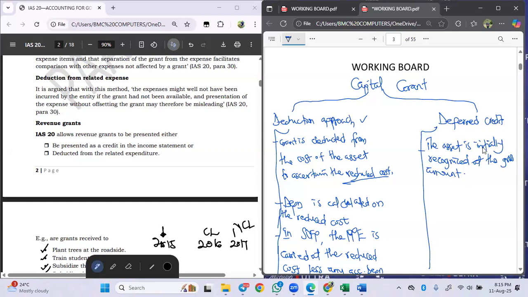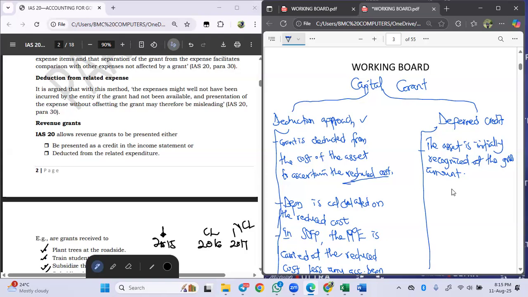So first of all, you recognize the asset at the gross amount here, 100,000. You charge your depreciation on the 100,000. You recognize the asset in the statement of financial position with the 100,000 less any depreciation.